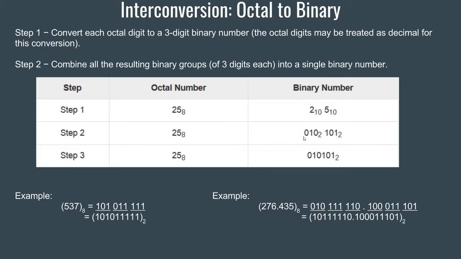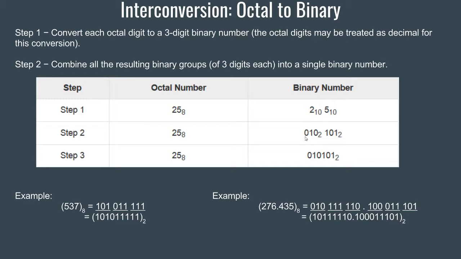In the next step, you will convert this 2 into its equivalent binary form. And we know that the equivalent binary form of 2 is 010, or rather 10.